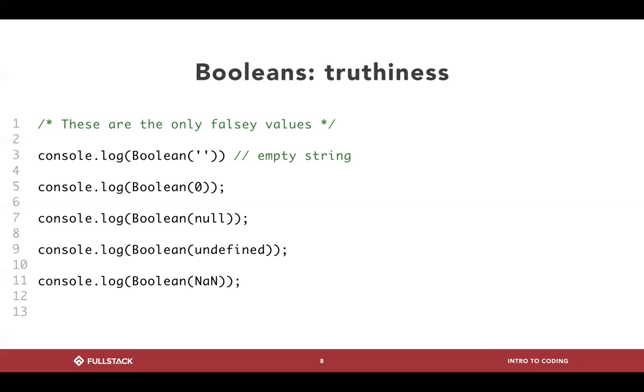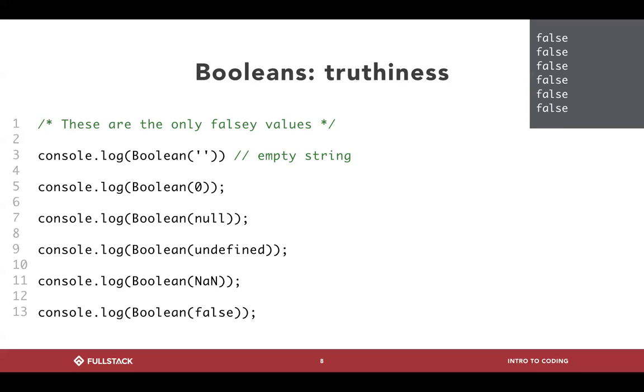NaN, which stands for not a number, is falsy. So those are the falsy values. Oh, and of course, false. The Boolean value false coerces to false. It is a falsy value. So false, false, false, false, false, if I log all those out, using that Boolean function here to coerce all the values.